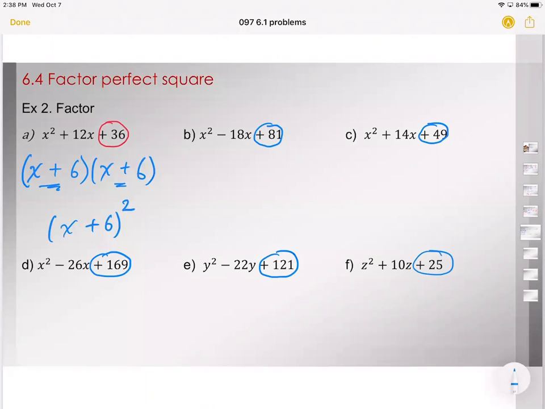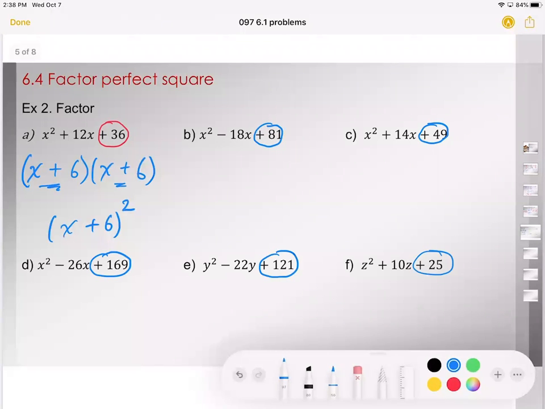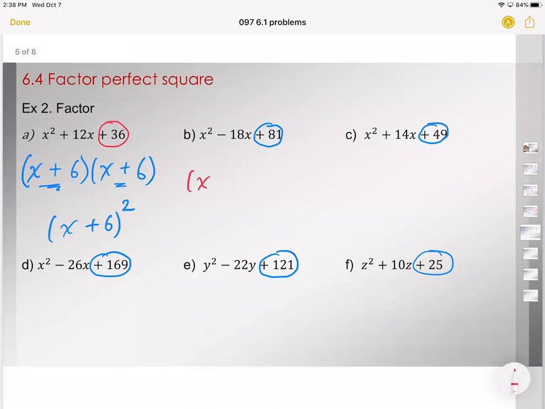Why is it good for us? Because if the last term is positive, we think in terms of addition. And if we think in terms of addition, are there two numbers multiplied to give me 81, but add together to give me 18? And hopefully you guys say this is a perfect square.